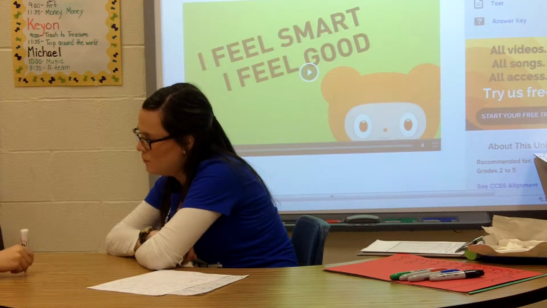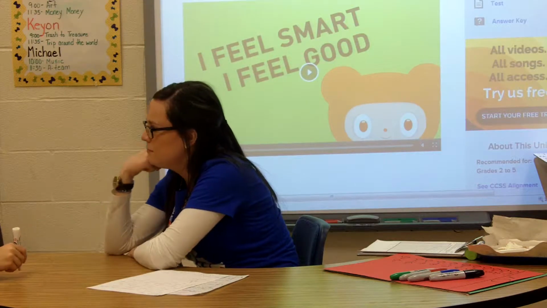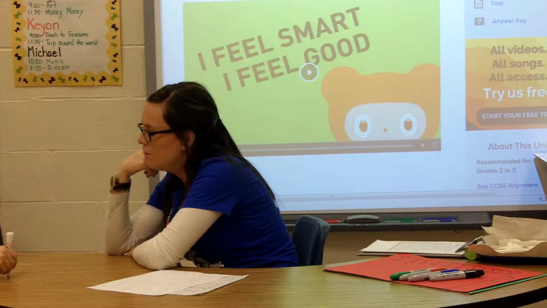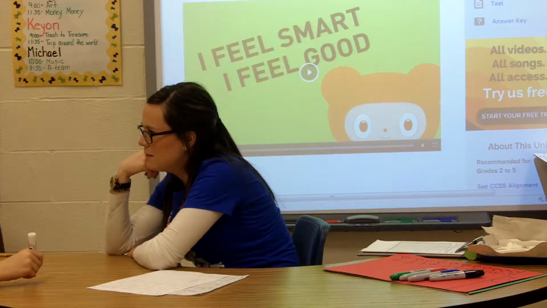What are you counting right now? What do your boxes represent? Books. How many books do you have? 8 boxes. Were there 8 books? I mean 9. 9.